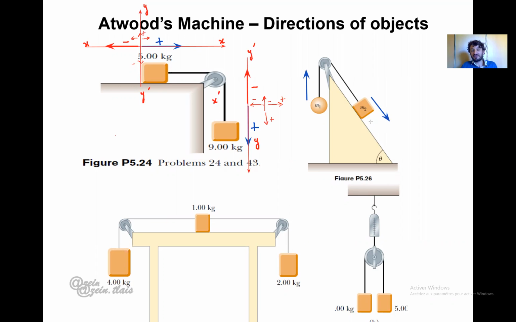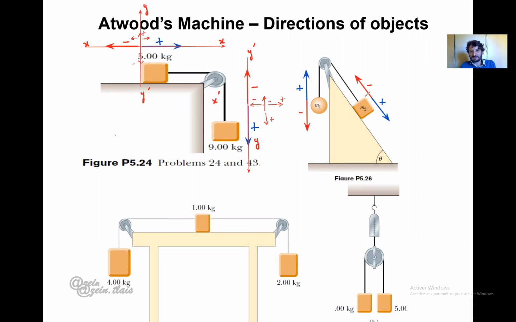Okay, it's not vertically. So here we have the positive, and here we have the positive. The opposite must be negative for each one. Here we have a negative, and here we have a negative, the opposite sign, negative and negative.